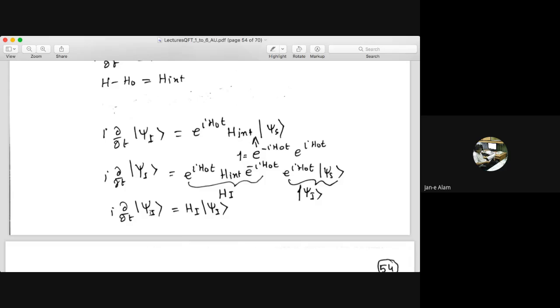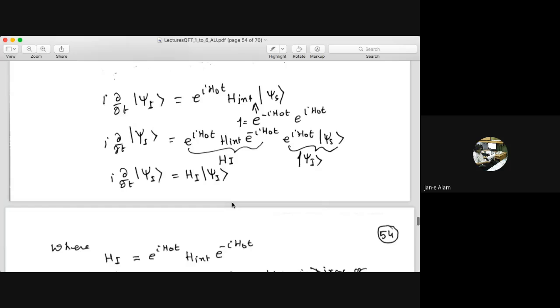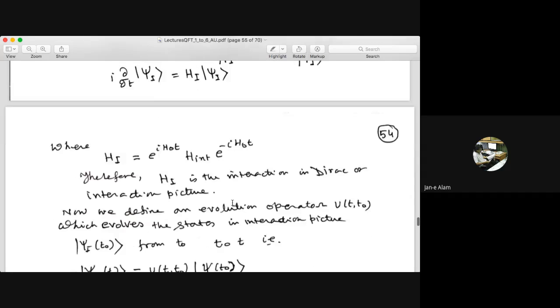The interaction picture psi is evolved by the interaction only. There is no H naught in this, and that is what we want: how this evolves due to the interaction. This derivation is done in each and every step, so you just follow it.